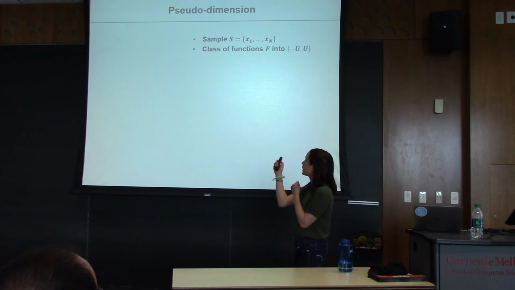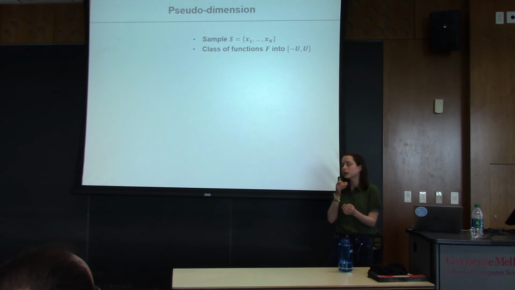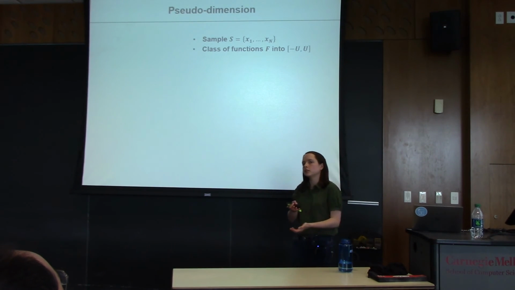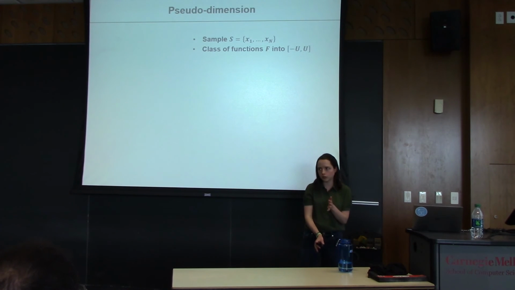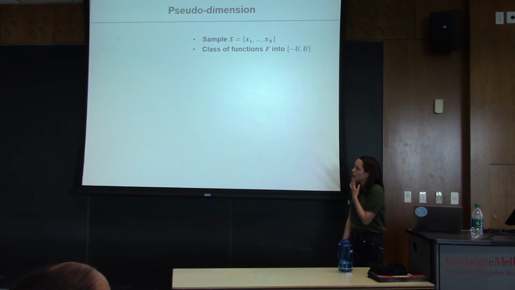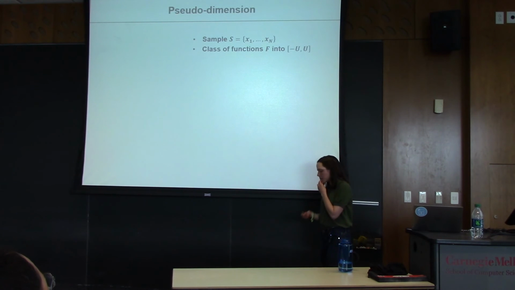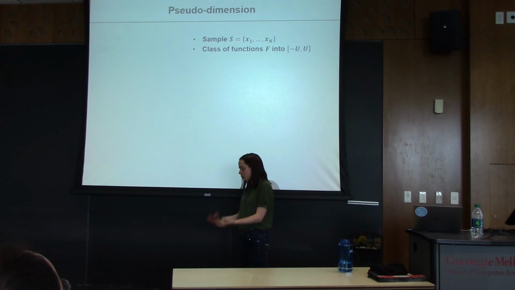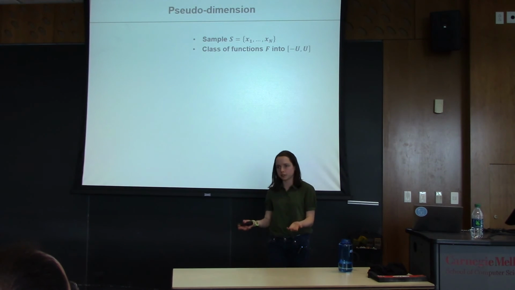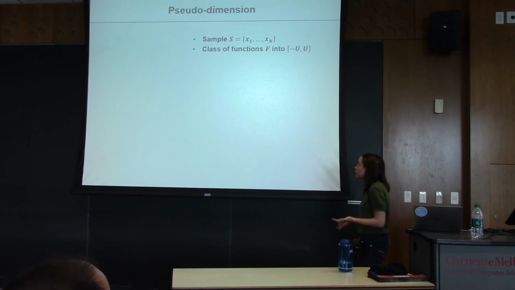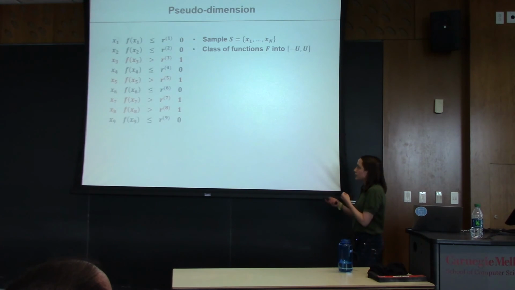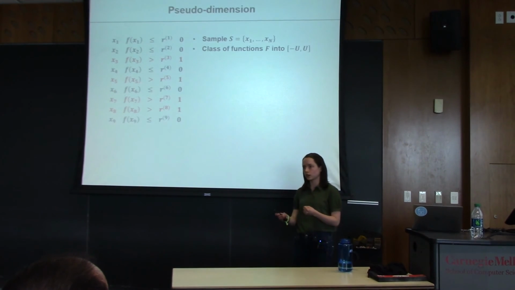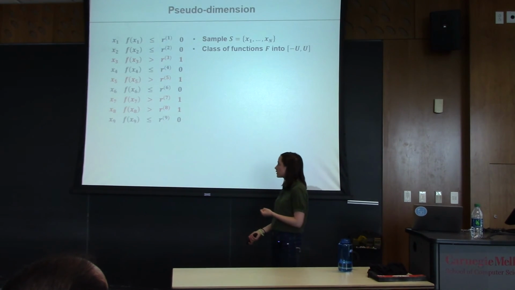We have a sample and a class of functions mapping, say, from negative u to u. I would still like to use this notion of a binary labeling, but I can't just say that a function evaluated on a sample gives me a binary labeling, because these are no longer binary functions. So instead, I'm going to introduce a vector of thresholds, R1 through R9, since my sample is of size 9, let's say.